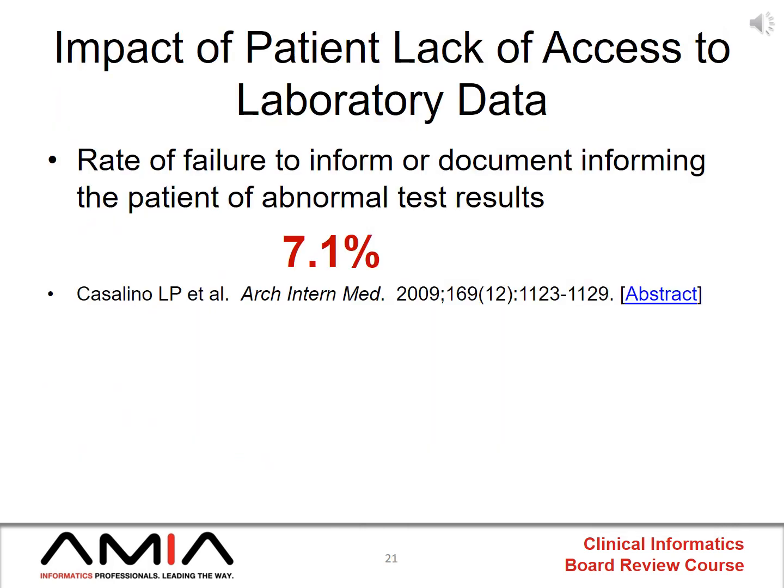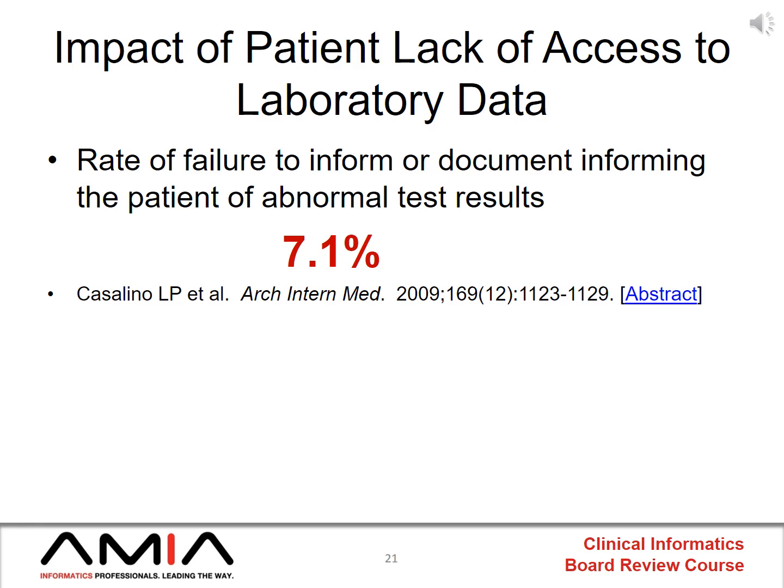Part of the stimulus, in addition to what I previously stated as to why the patient access rule was written, came from this paper where they examined laboratory test results in an electronic health record and then looked for documentation or evidence that the provider had communicated with the patient specifically about abnormal and clinically significant test results.